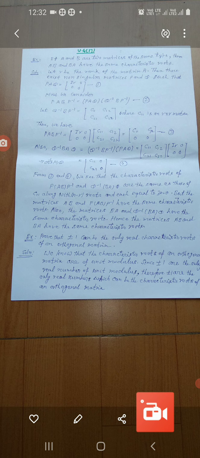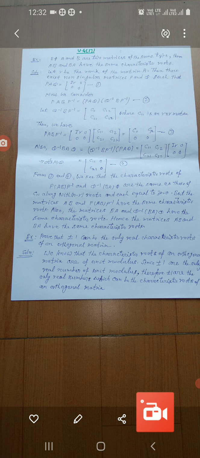But the matrices AB and PABP inverse have the same characteristic roots, and the matrices BA and Q inverse BAQ have the same characteristic roots.